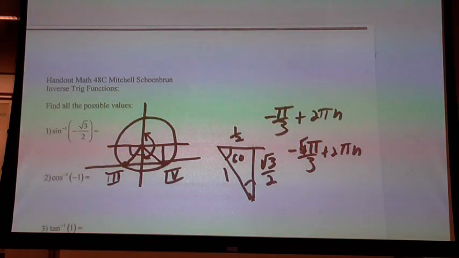I see what you're saying. I think it's a grammatical thing, because you can't really have a negative revolution. It's just direction. Okay, so the question was, let's say we have negative pi over 3 plus 2 pi n, and you're saying shouldn't that be negative pi over 3 plus negative 2 pi n?